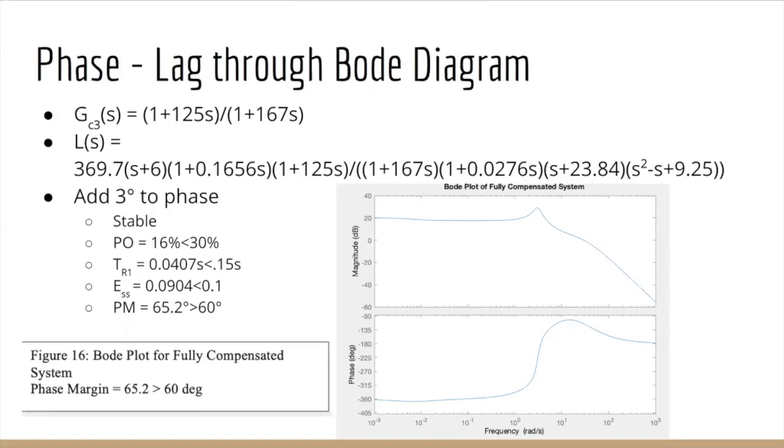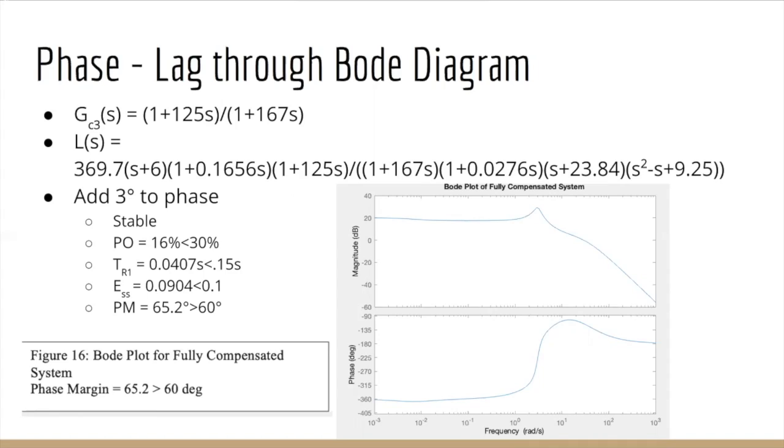However, that 120 came from the fact that the phase margin needed to be greater than 60. So 60 minus 180 is equal to negative 120. Through this, by clicking through MATLAB, I was able to find an omega c equal to 32. From this, I calculated a compensator of Gc(s) equal to (1 plus 125s) divided by (1 plus 167s).